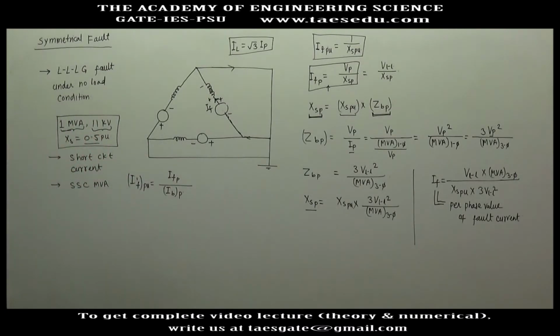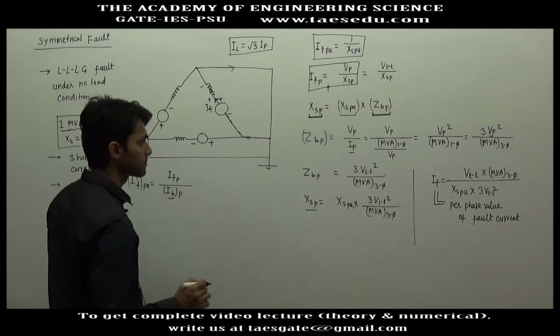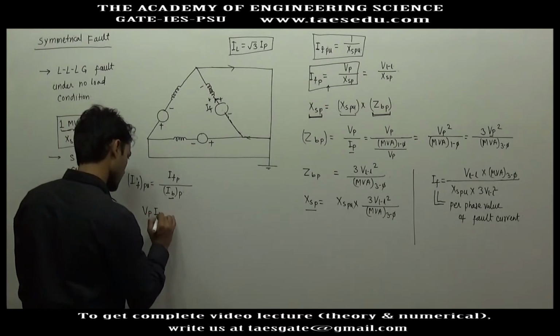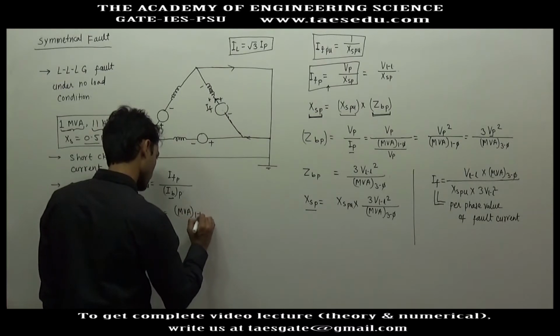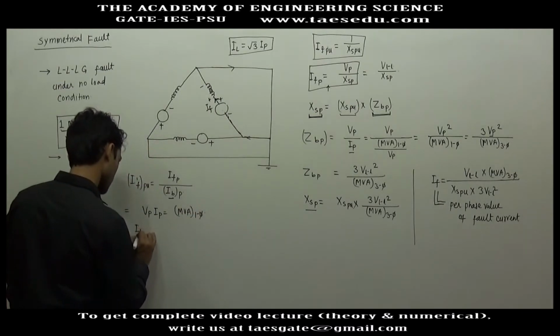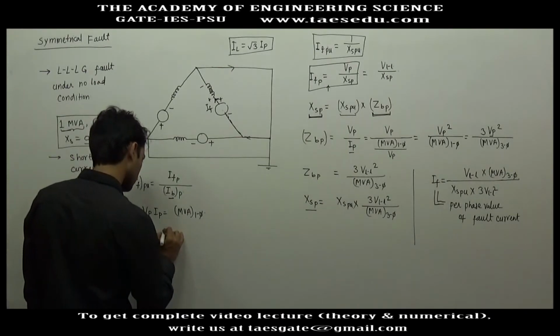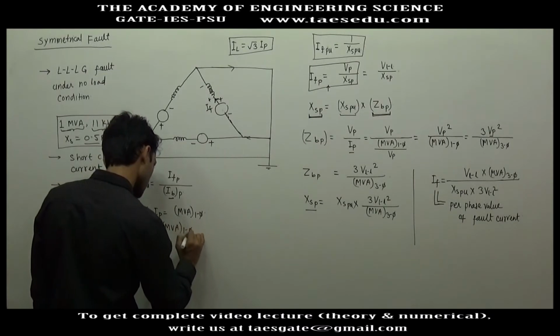Everything we are calculating in phase. So what will be the base value of phase current? Again, phase voltage into phase current will give you the MVA rating per phase. So phase current will be MVA of single phase divided by Vp.